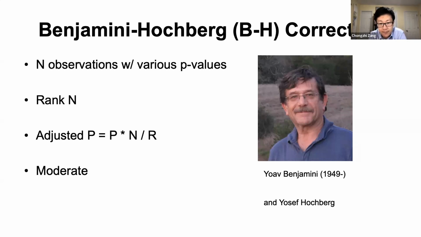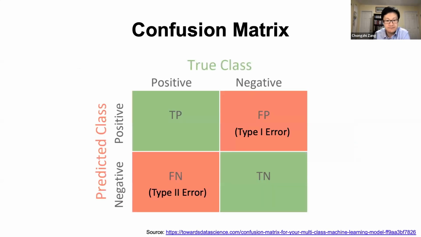This BH correction is used in many of the computational biology tools that we use, say DESeq2 for differential gene expression analysis, and MACS2 for ChIP-seq analysis, and a lot of these high-throughput analyses. It's moderate, not as strict as the Bonferroni way, and there's a very sophisticated statistical theory behind it, and the procedure is very neat.